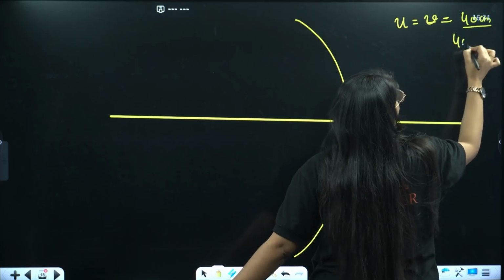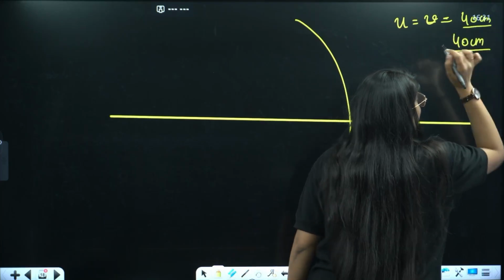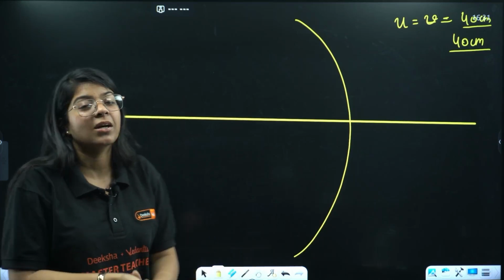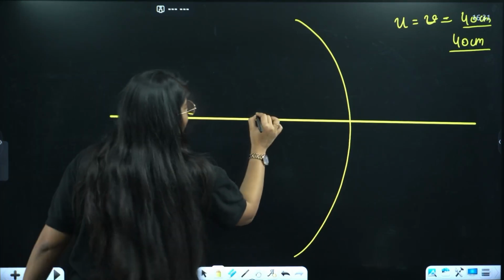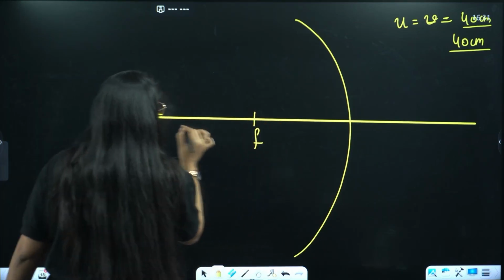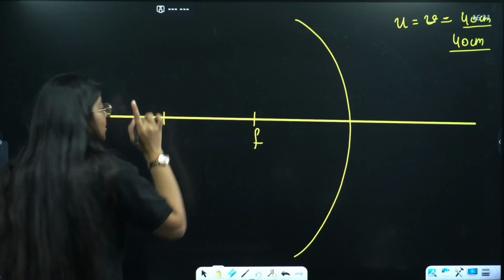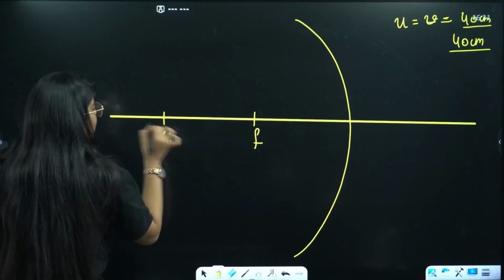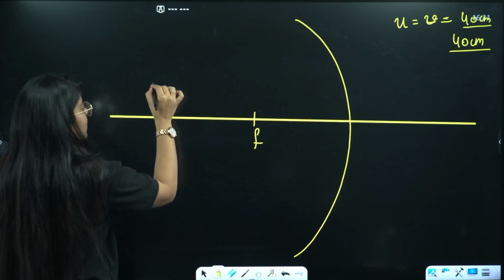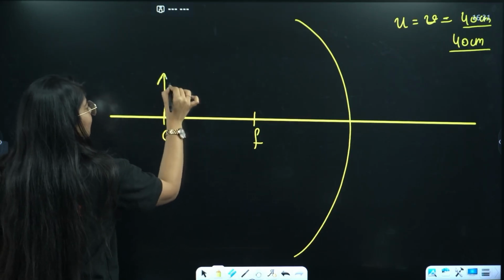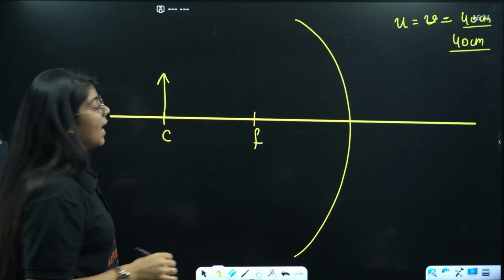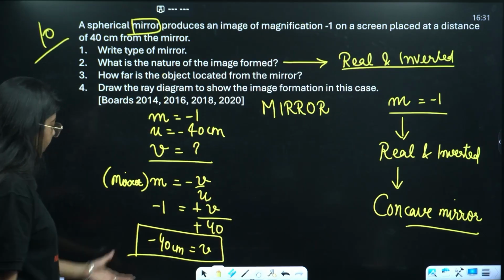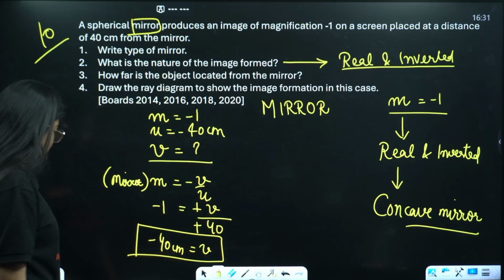That means the object is at the center of curvature, because only when the object is placed at center of curvature is the distance of image and object the same. So this is the center of curvature, this is where the object is placed, and the image is also formed here, at -40 centimeter.